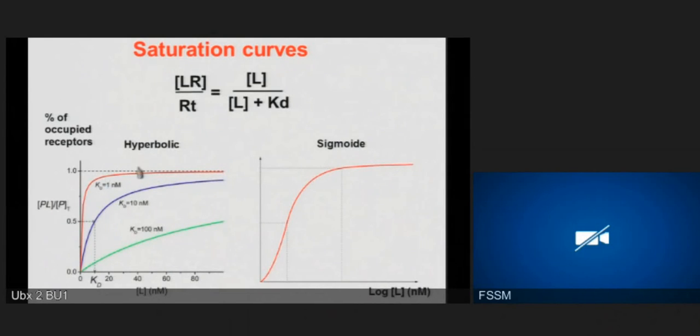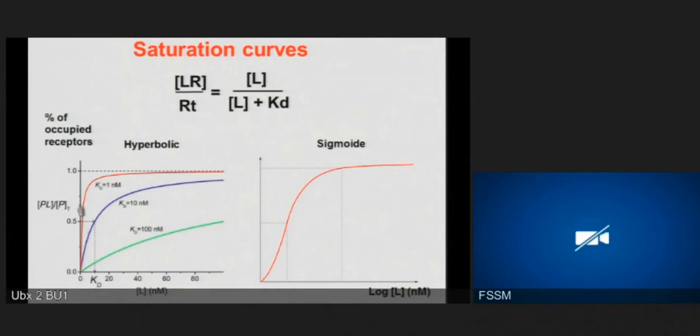So you have this hyperbolic representation which exactly corresponds to this mathematic formalism equation. Now you can see that it is quite okay for the red curve because you can approximate the maximal occupancy.